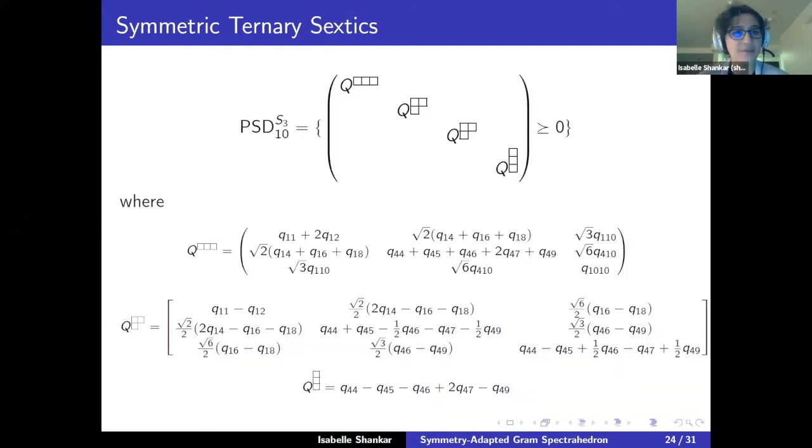We were hoping for something similar for symmetric ternary sextics. So here is the symmetry adapted PSD cone. In this case, the alternating does start to appear. And here I won't make you count it. I mentioned earlier that when we do this reduction in problem size, the first step is to go from the number of unknowns in the symmetric matrix down to some smaller dimension.